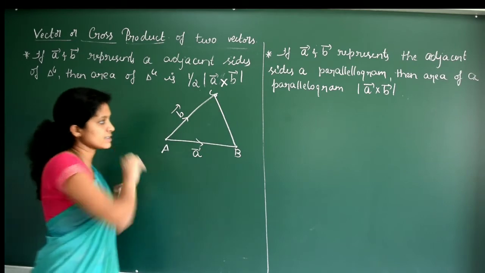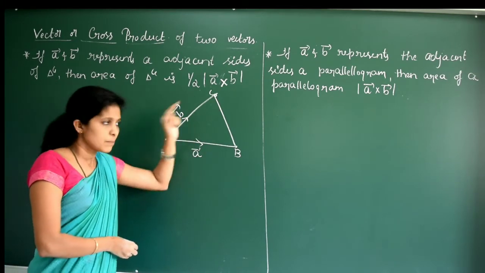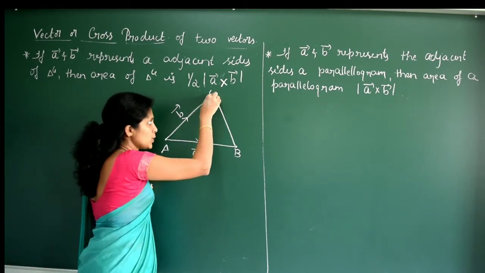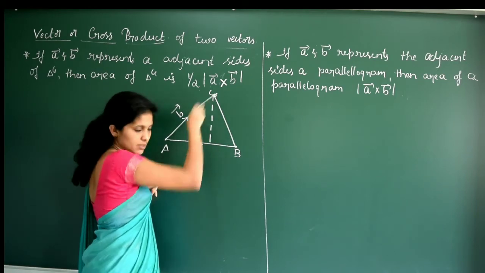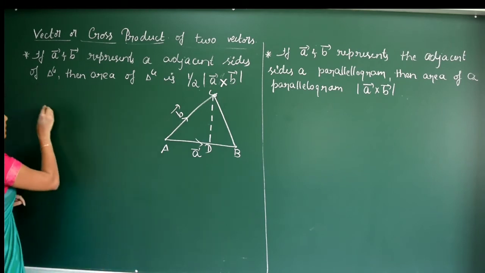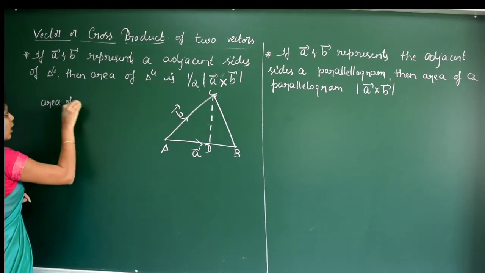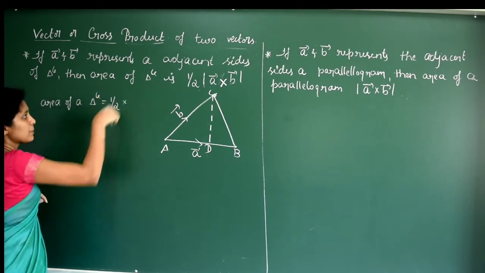Now ABC is a triangle, right? A vector and b vector are the two adjacent sides. By using this, we have to find the area of this triangle. What we'll do is, we'll draw a perpendicular from C to D. Okay, so this is the perpendicular. Now the area of a triangle is equal to half into base into height.